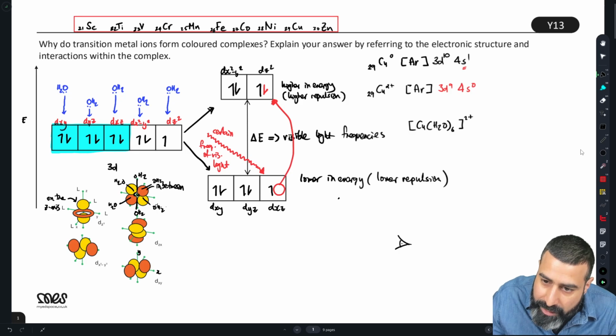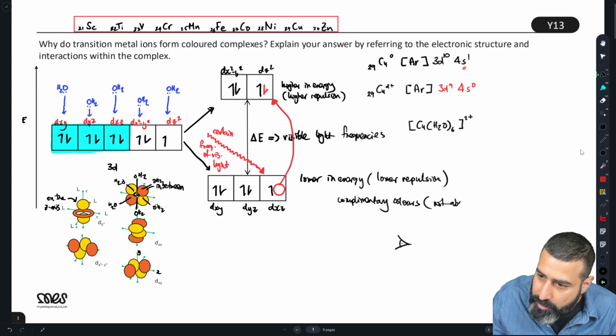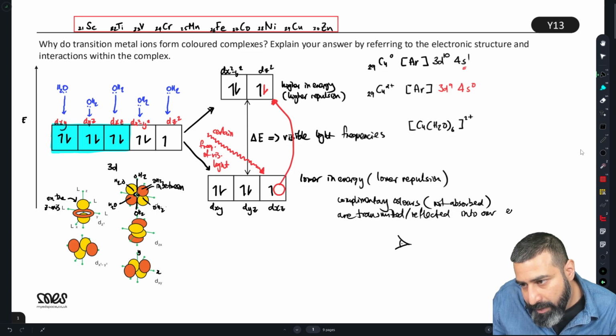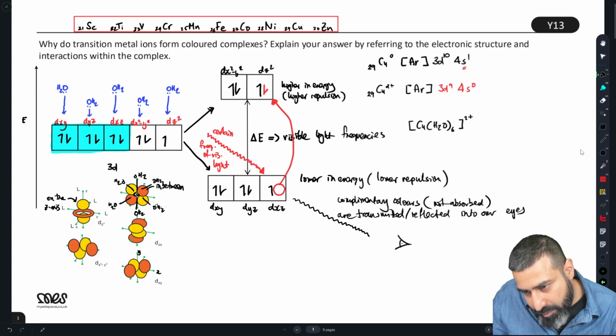the complementary colors not absorbed are transmitted or reflected into our eyes. So this black wave is representing the complementary colors that we see.